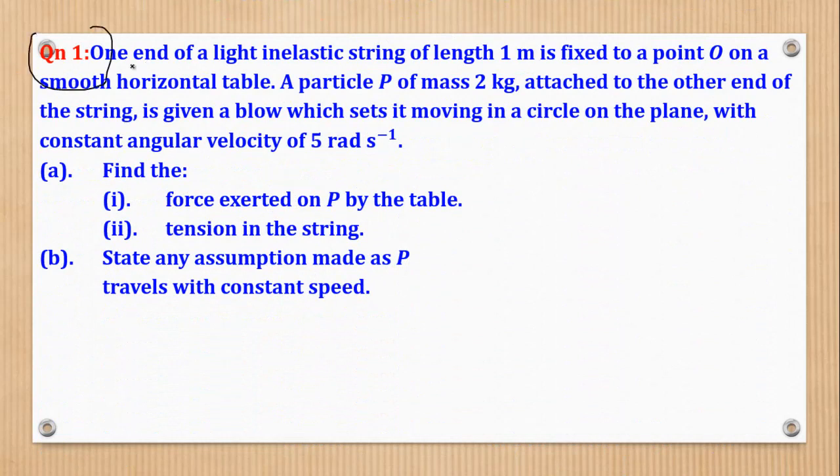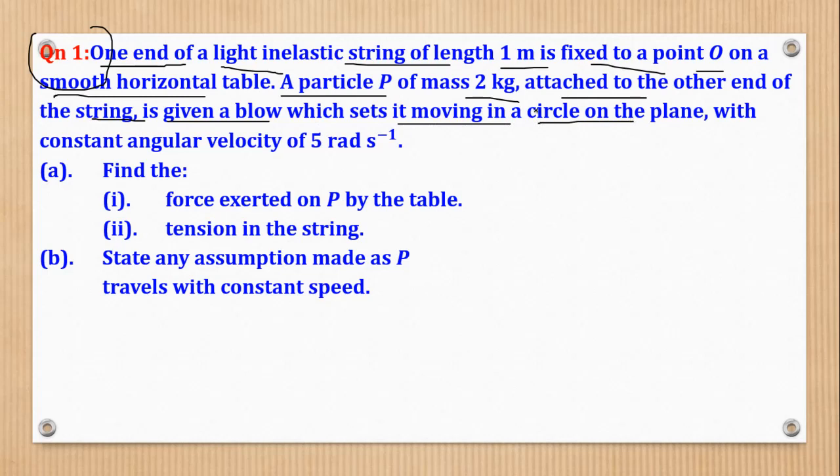Question 1, actually there are a number of questions. Question 1 says, one end of a light inelastic string of length 1 meter is fixed to a point O on the smooth horizontal table. A particle P of mass 2 kilograms attached to the other end of the string is given a blow which sets it moving in a circle on the plane with a constant angular velocity of 5 rad per second.